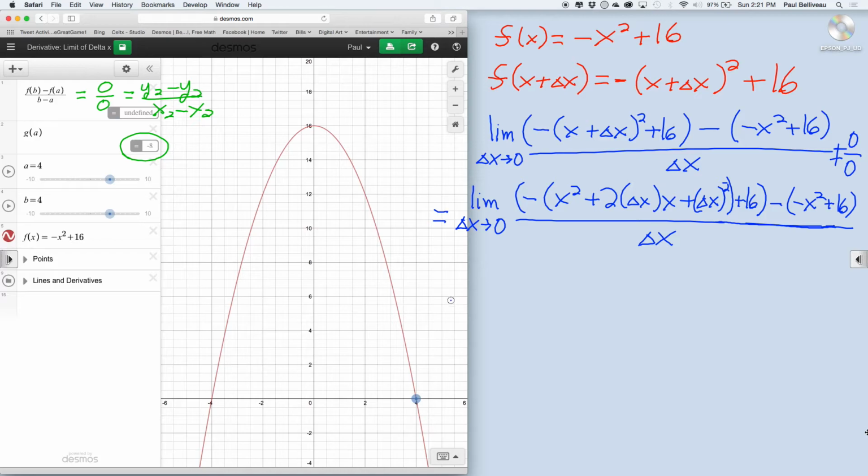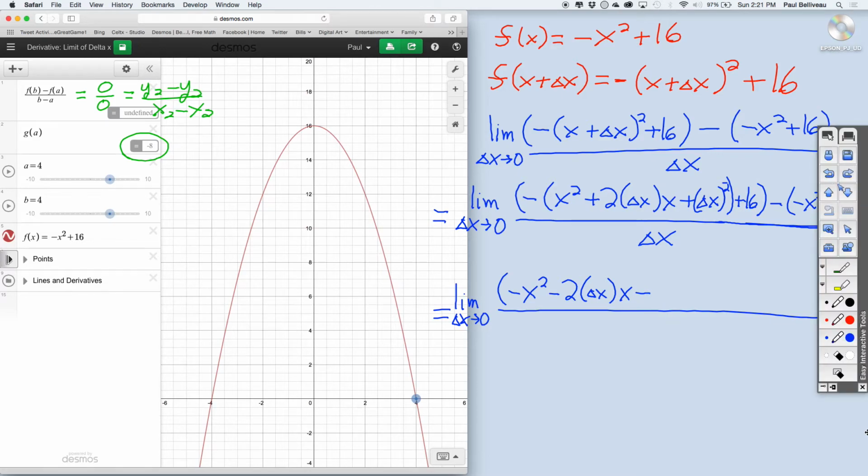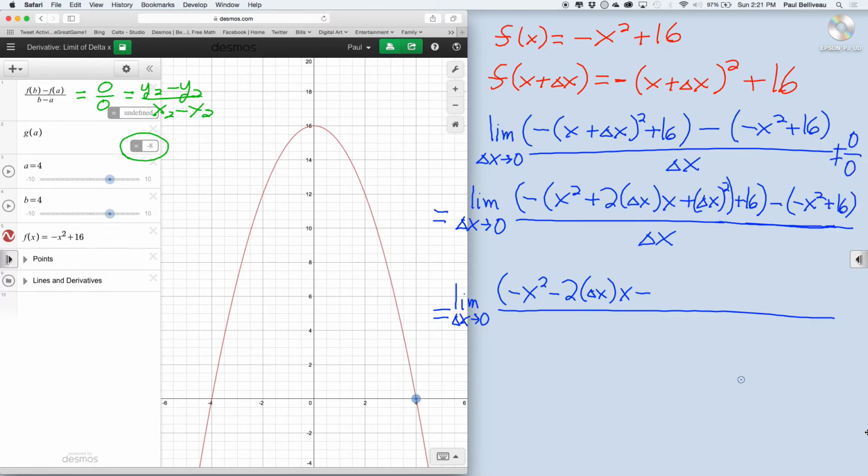So let's keep manipulating the algebra. This is now going to equal the limit as delta x approaches 0 of, leave that in parentheses, negative x squared minus 2 delta x times x plus, nope, that'll still be minus, won't it? Have to be careful there.